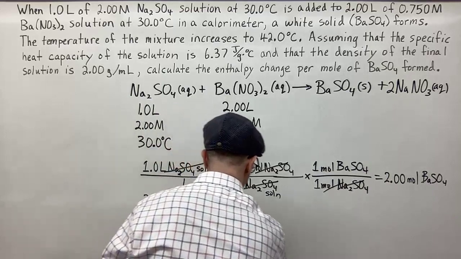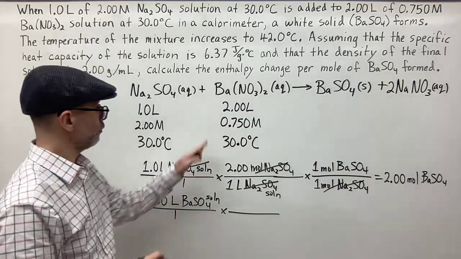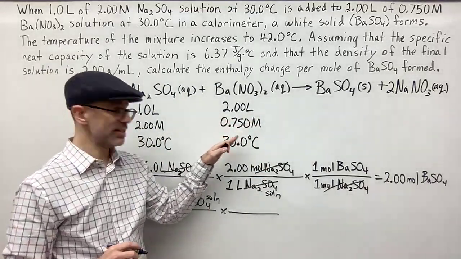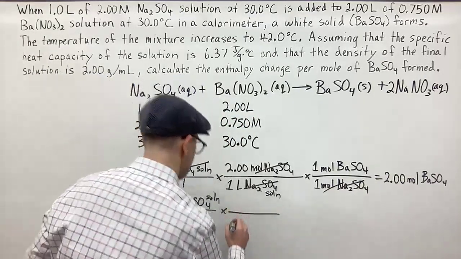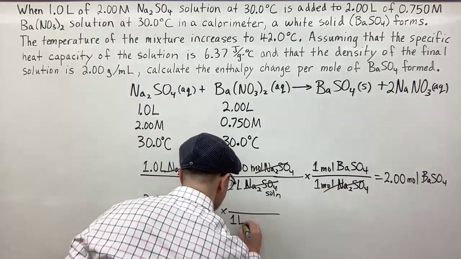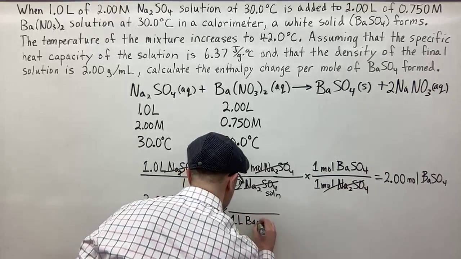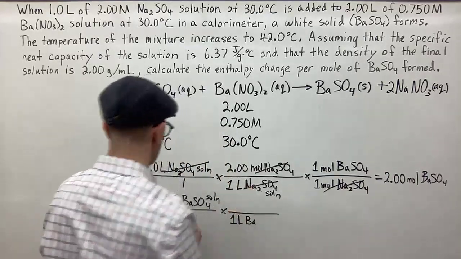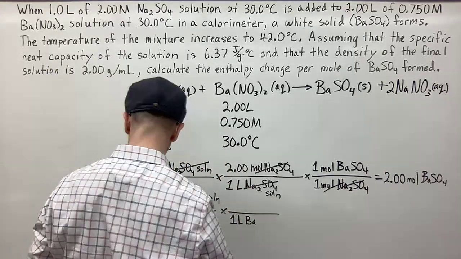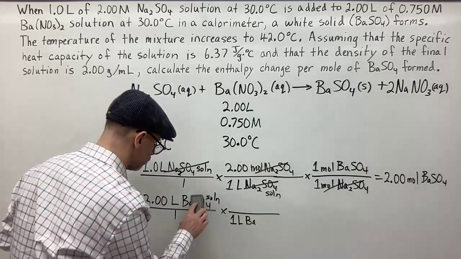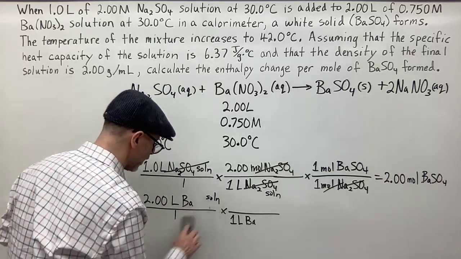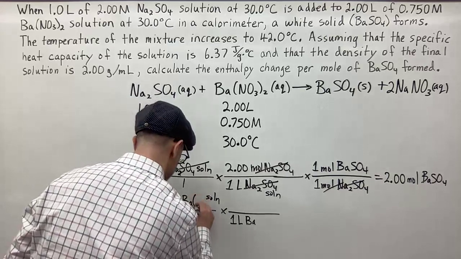And now I can use the molarity of the barium nitrate solution, which is 0.750. So that's going to be 1 liter of the barium nitrate. I knew something's wrong. So barium nitrate is what I'm talking about.